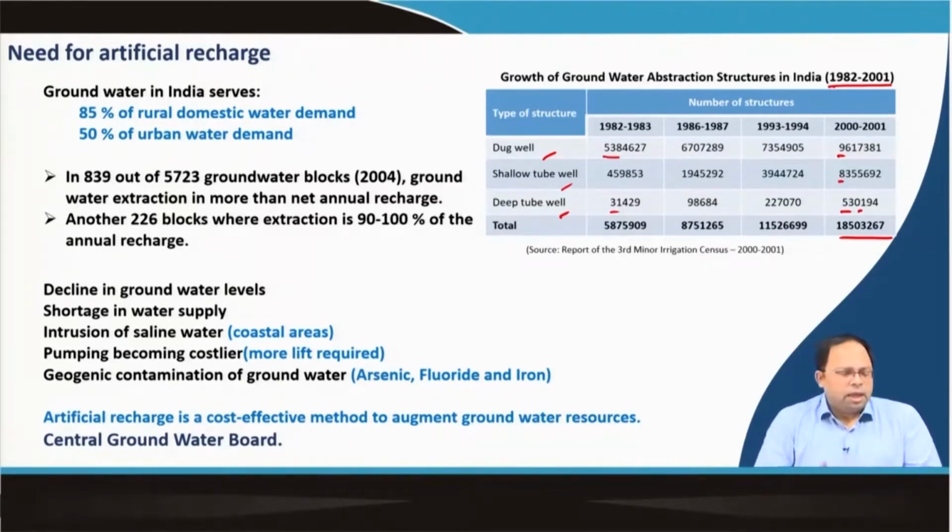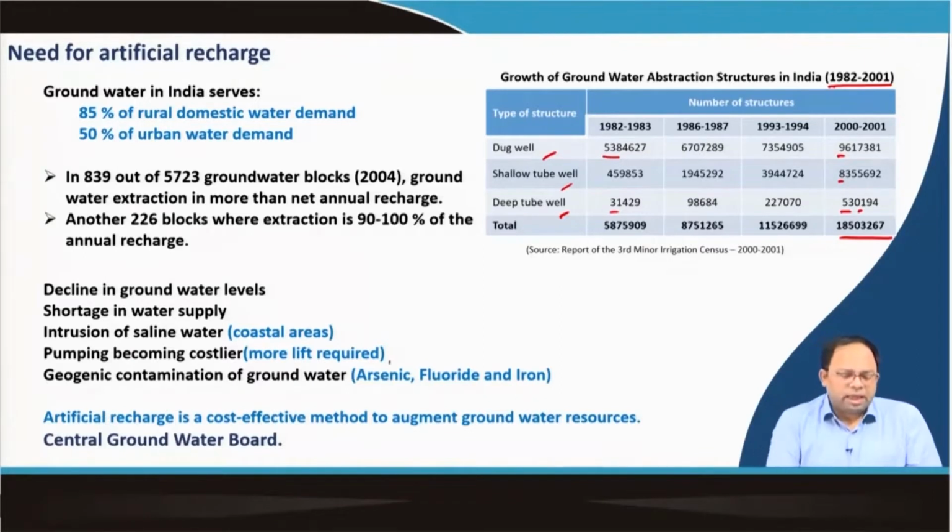Pumping will become costlier. The lower the groundwater table goes, our existing pumps or deep tubewells will not be able to get the groundwater, and you have to put in much deeper tubewells, and that will increase the cost of abstraction. You have to put in more powerful pumps and so on.